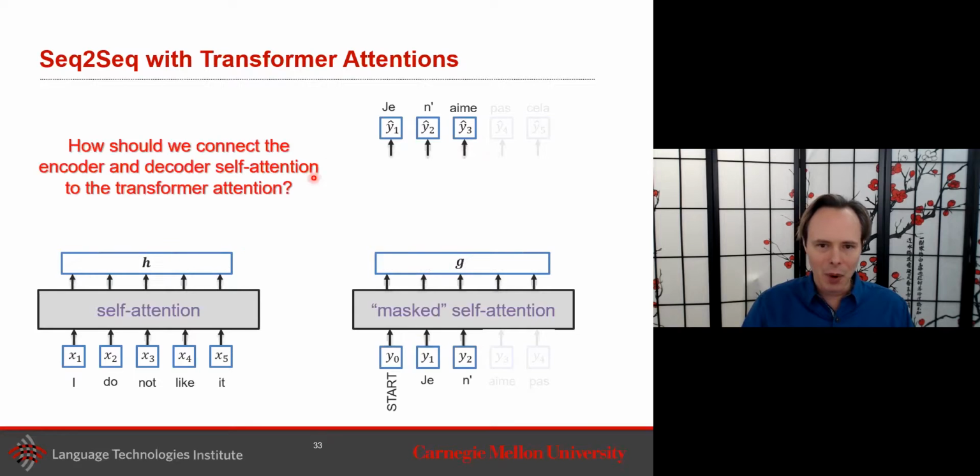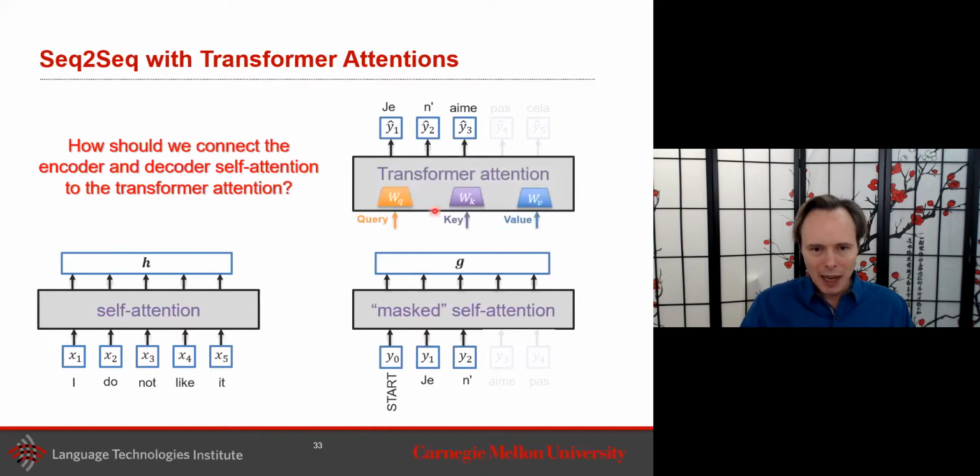But now the more interesting question is how should we connect? How do I get here? Because the self-attention up to now needed the same input: the query, the key and the values are all the same. And so here I want to use a transformer.